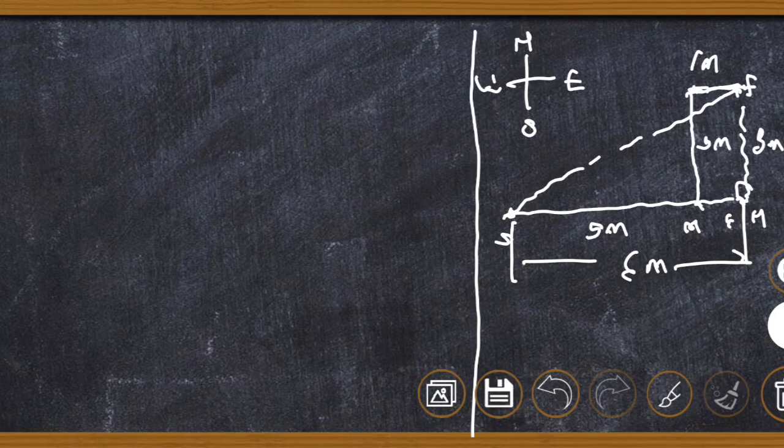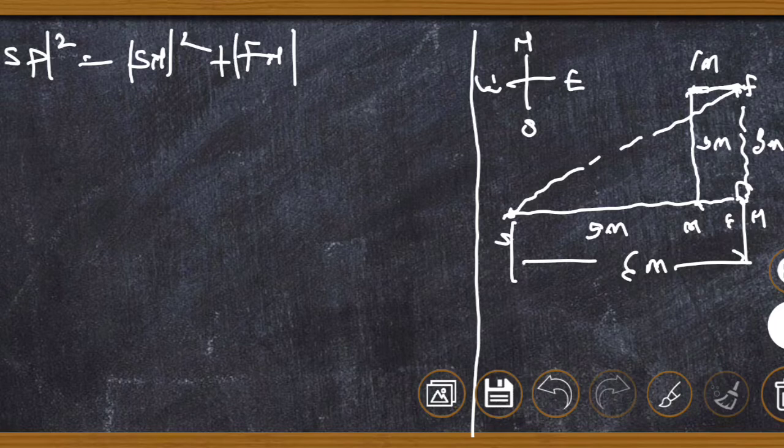Since XF here is the hypotenuse of a right angle triangle, while XN and FN are the base and height, we can use the formula: distance XF squared equals distance XN squared plus distance FN squared. Now XF we don't know, we need to find it out. But what is XN? My XN is simply 6 meters.